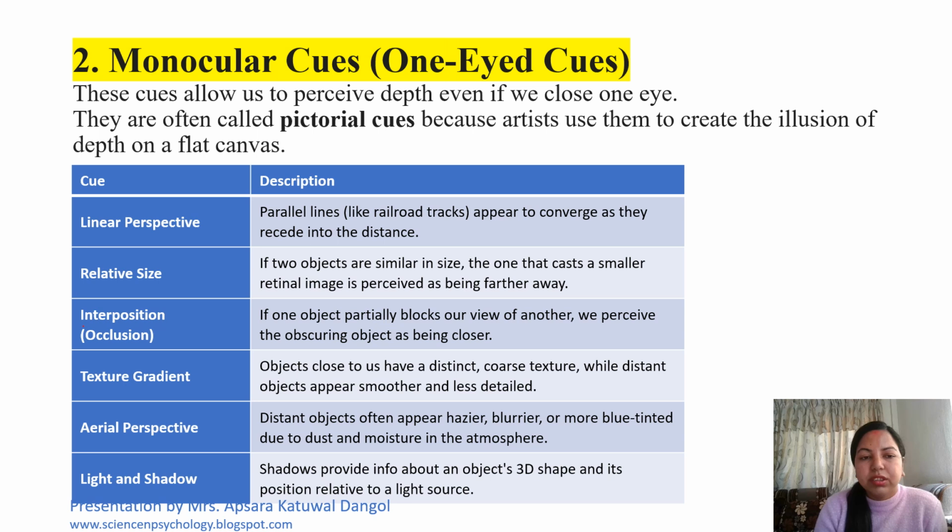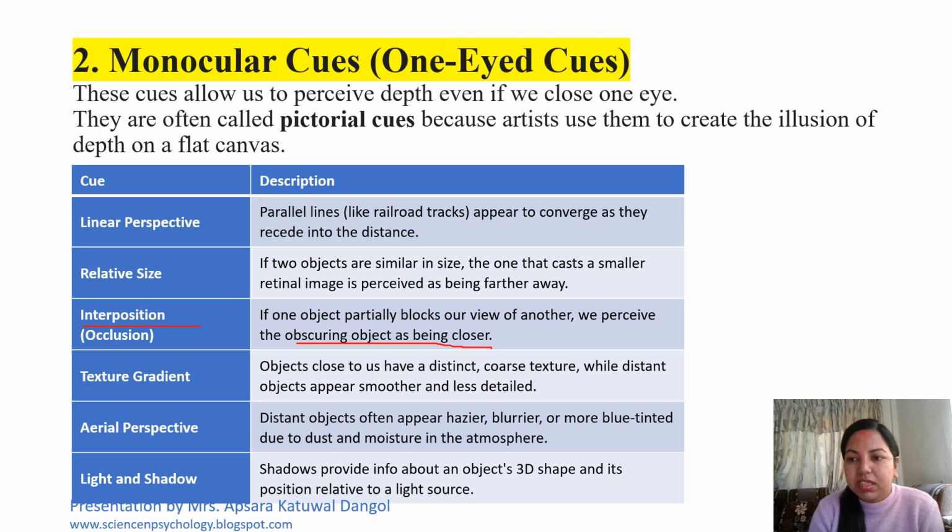Next is interposition. If one object partially blocks our view of another, we perceive that obscuring object as being closer. Why is this happening? Because if the object partially blocks our view of the other, definitely we feel like the object is closer, that's why it's blocking. But if it's farther, we can see it.